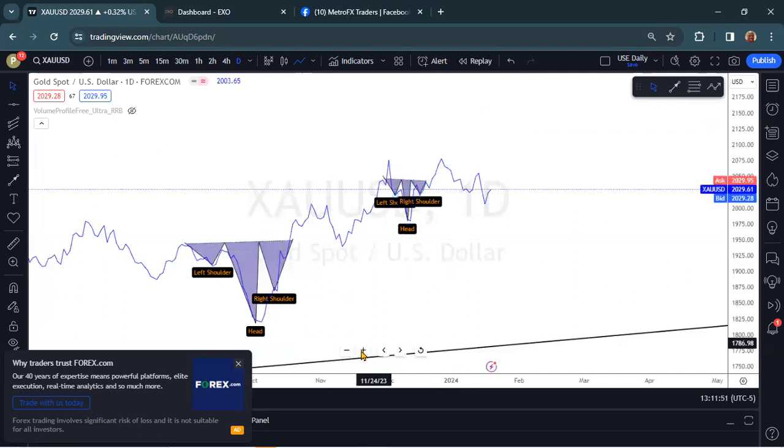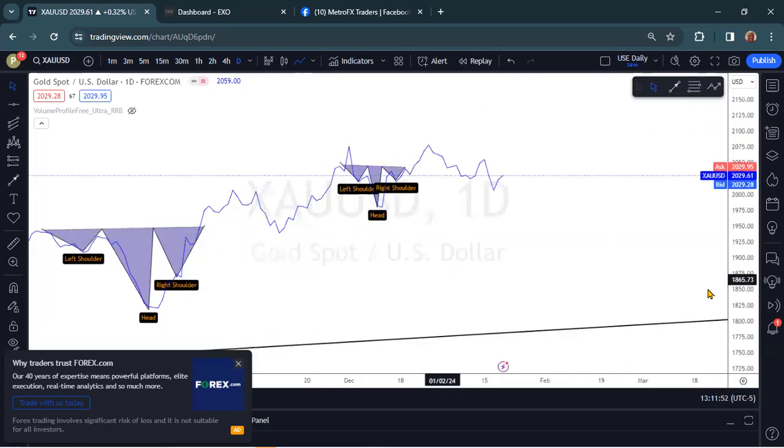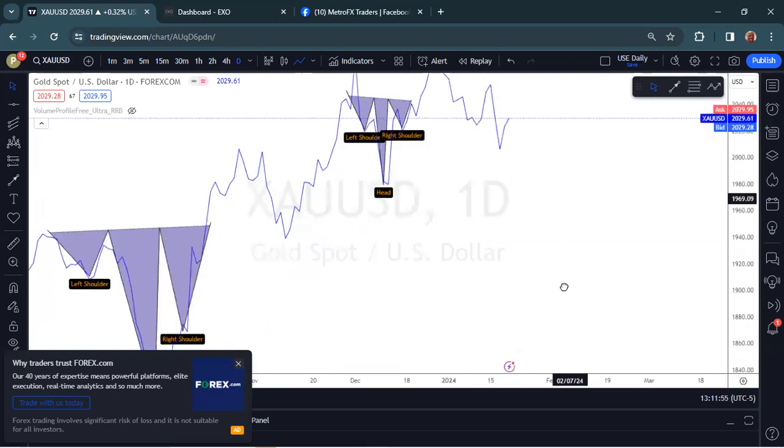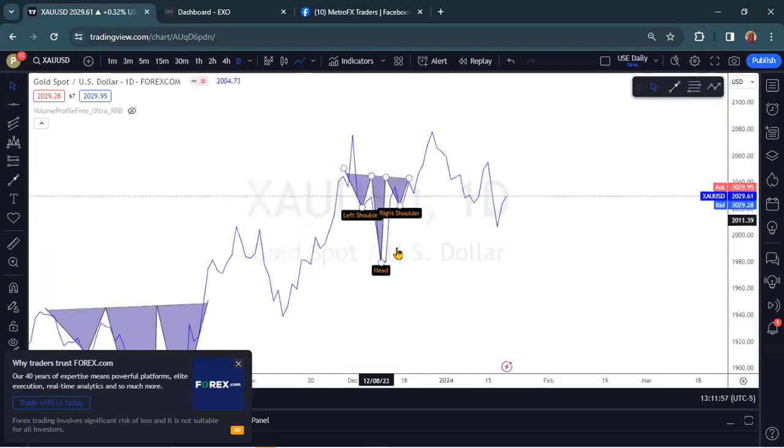You just got to see it. Because if you miss getting in over here, you see it had to come back to the right shoulder, roughly. Now if it continues to go down and go below all of the stuff here, then it's no longer an uptrend, but that's the daily.